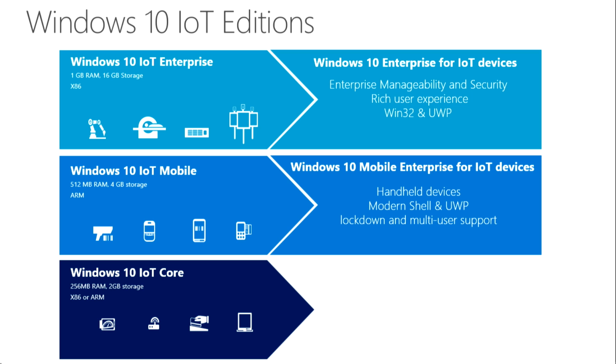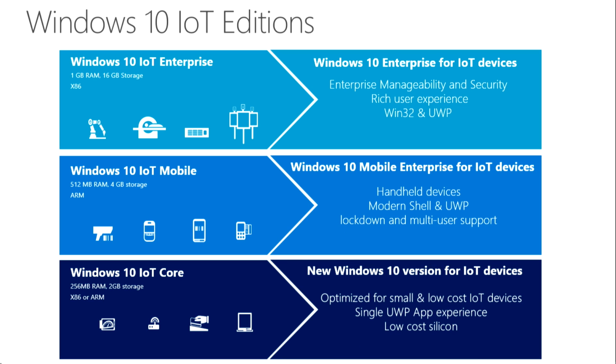And the one that I'm probably going to talk about most is Windows 10 IoT Core. And that is meant for really small devices. And while I'm on the devices, you'll see that some chips are purely x86. The mobile is ARM, and the IoT Core is x86 and ARM.